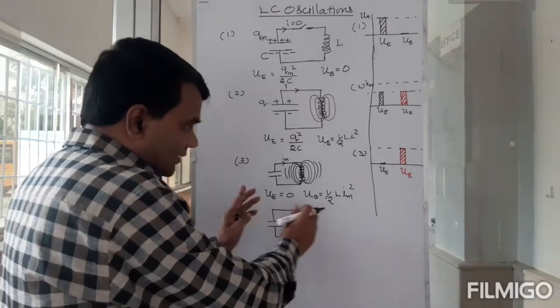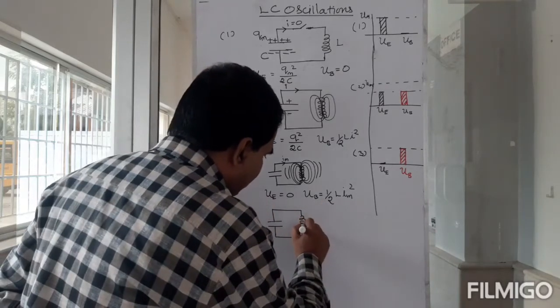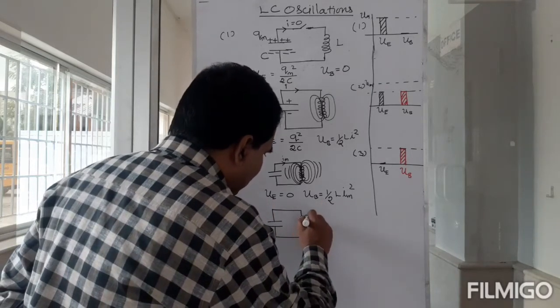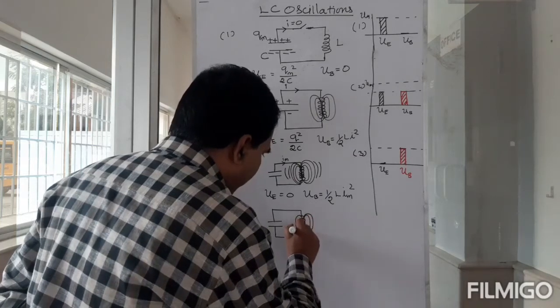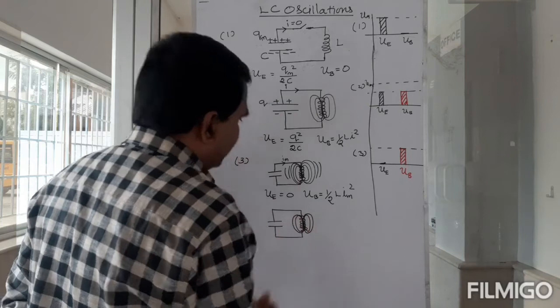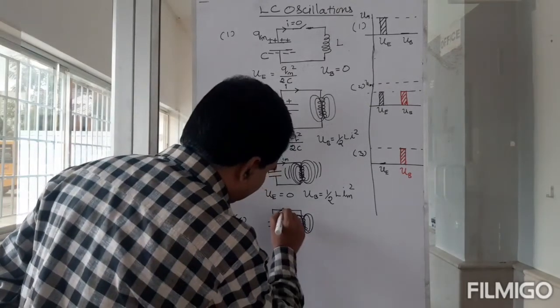To maintain the current in the same direction, you need to spend energy. So the magnetic field will shrink now. But then the current will be maintained in the same direction.